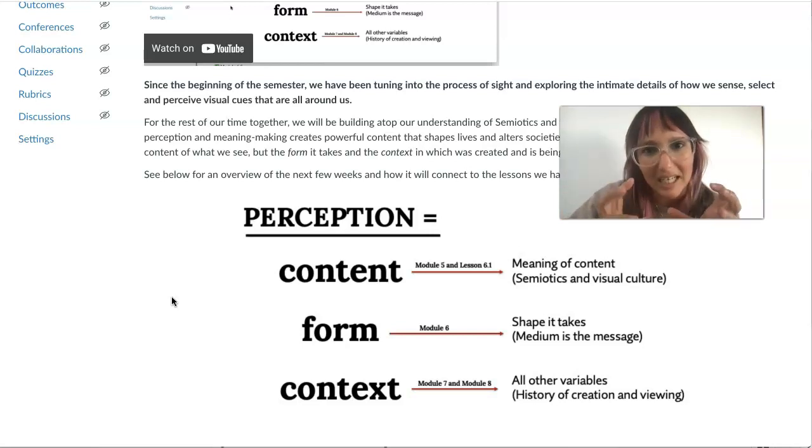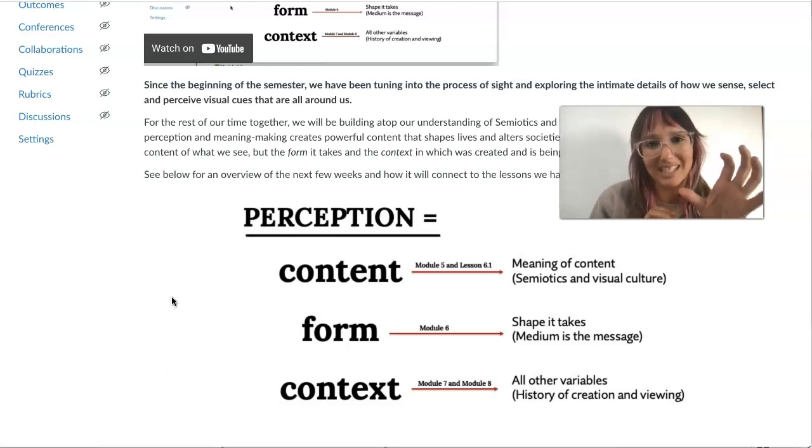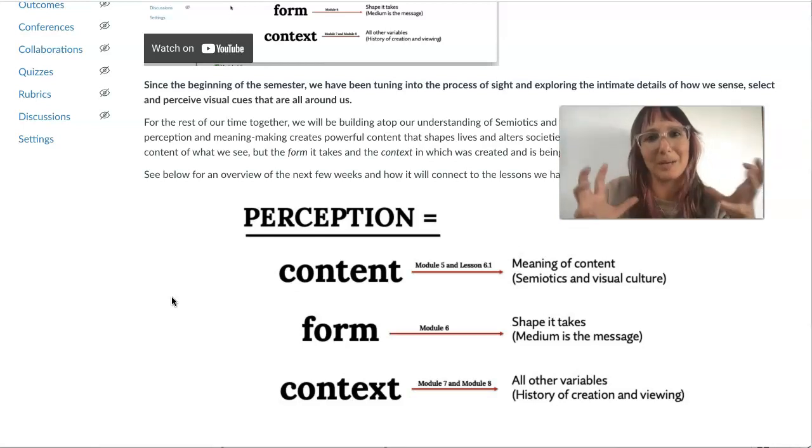What is the media? And you'll learn later this week about Marshall McLuhan, who's a very famous media critic, and he said that the medium is the message. So I want us to consider not just the meaning of what is seen, of the content itself, of the signs, but also what is the shape that message is taking? What is the medium that it is being presented to you? And how does that also impact your perception?